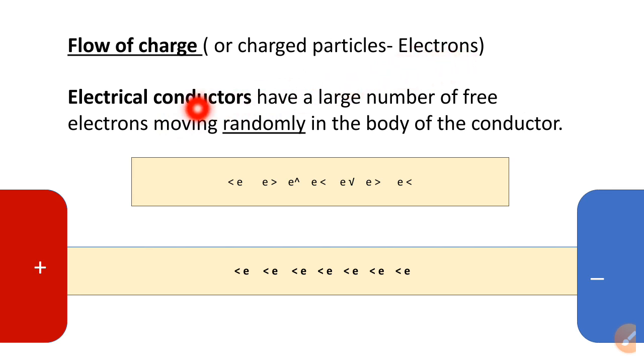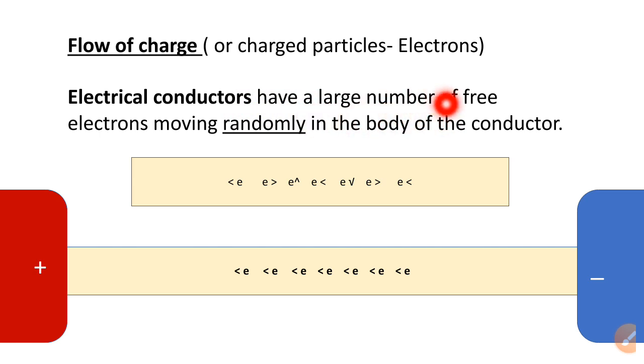First we will learn about the conductor, because in order to get electrons, we have to consider the material, the body which has electrons as its constituent particles. Electrical conductors mean all the metals, as you all know, and an electrical conductor body has a large number of free electrons.